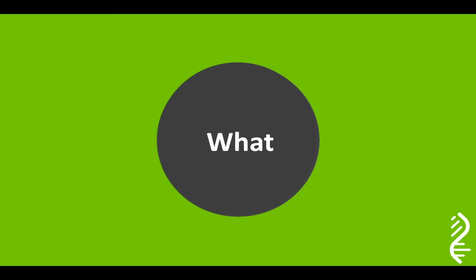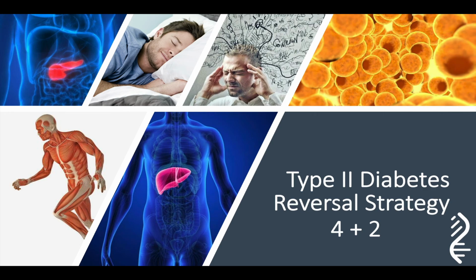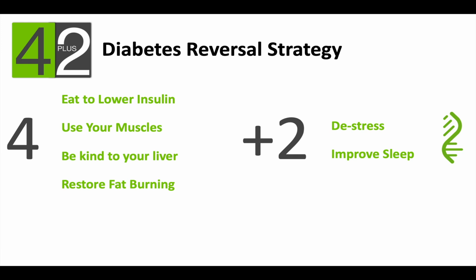So we've talked about why type 2 diabetes develops. What I'd like to do is teach you about what you can do. And the program that we've developed, we call the 4+2 diabetes reversal strategy. And essentially what we've done is we've linked together a number of strategies that help you reverse this underlying process of type 2 diabetes. We have you eat in such a way that it lowers your insulin requirements.